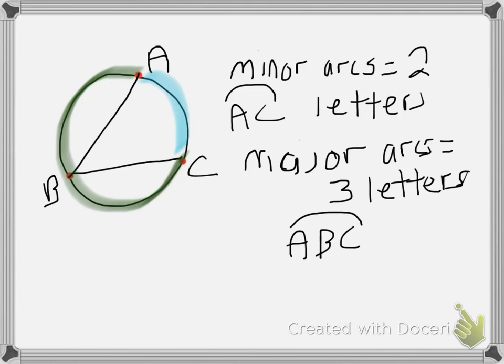So basically what happens is you're going through the center of the circle and you're creating a diameter.